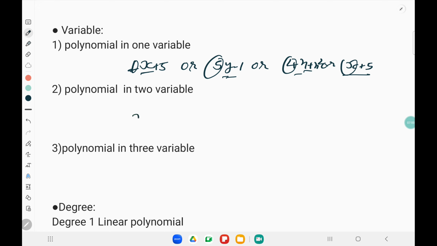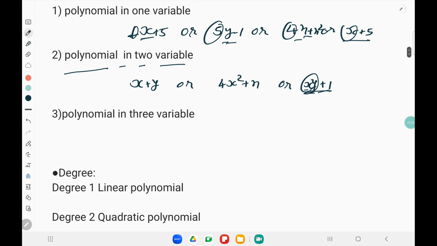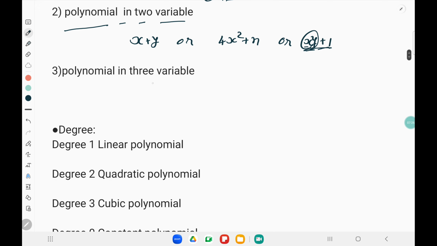In any polynomial, let's say x plus y, or 4x square plus n, or xy plus 1. Still, here in one term there are two different variables. So that is called a polynomial in two variables. Let's see a polynomial in three variables. If I say 2x plus y plus n, we use three different letters.